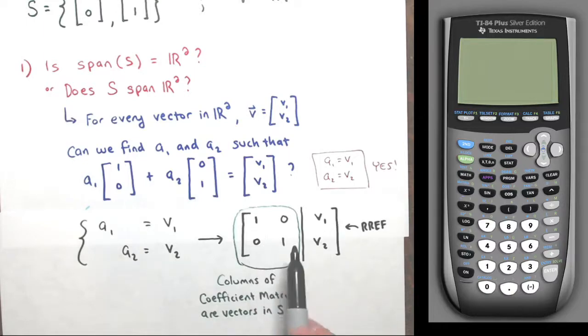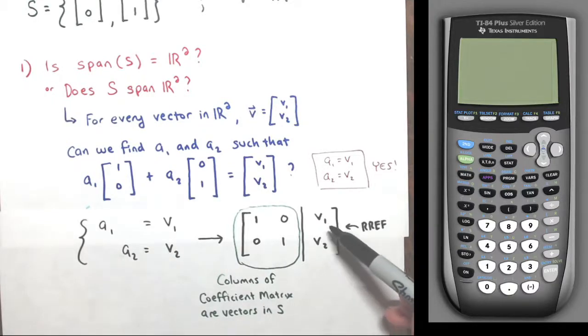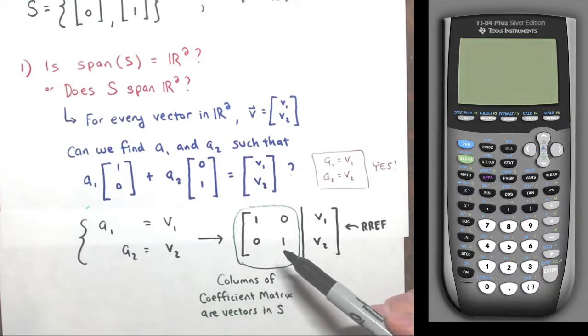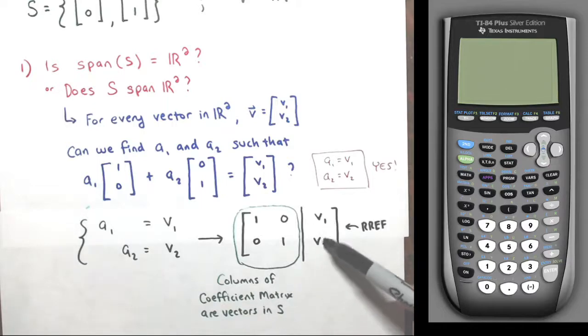A1 equals V1, A2 equals V2. So I could do this for every single one of these, but the V1, V2 would be messy. Especially if we're in R3 or R4, you'd have 3 components, 4 components, and it won't always be in reduced row echelon form. So I'll have to perform operations and mess with these variables, and it'll get really messy.